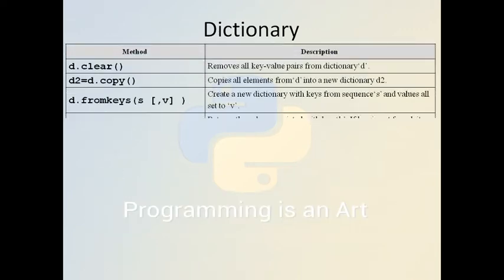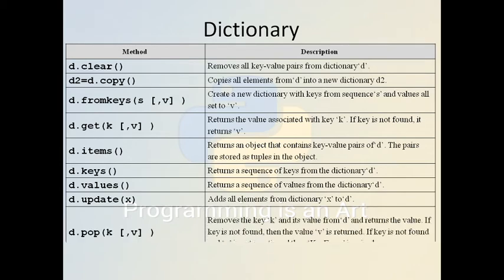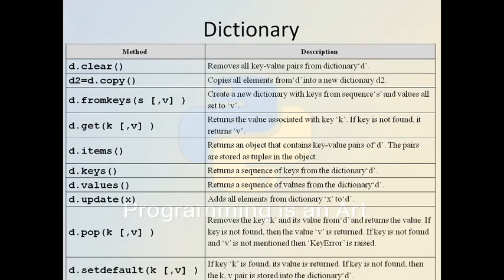These are some of the methods in the dictionary. D dot clear will remove all the key value pairs. We can copy the entire data into a new dictionary. We can create a new dictionary with keys from a sequence and values all set to V. We can get the value associated with a key: we just put a key, and it will return the value of that particular pair.